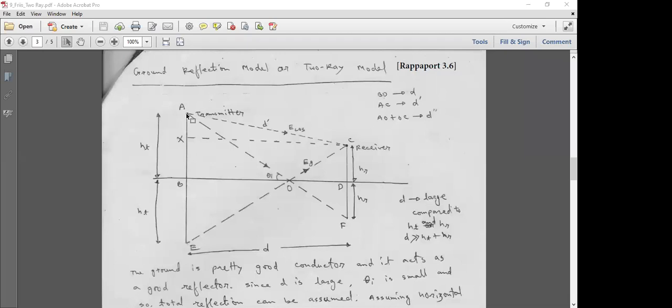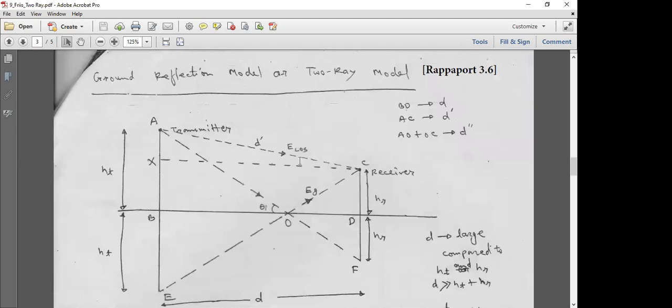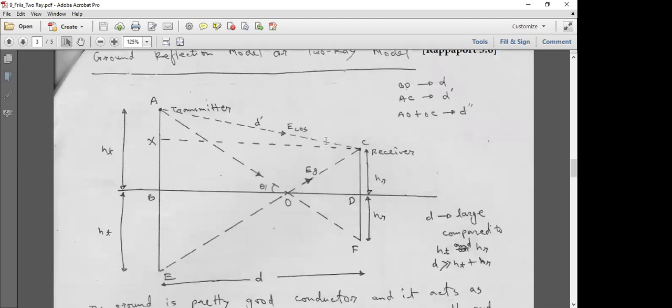So from A, the direct wave is getting to the receiver C. The actual distance between the two towers is BD, which we consider D. But this AC will be a little different because the tower heights are not the same. In this figure, the transmitter height is a little higher.